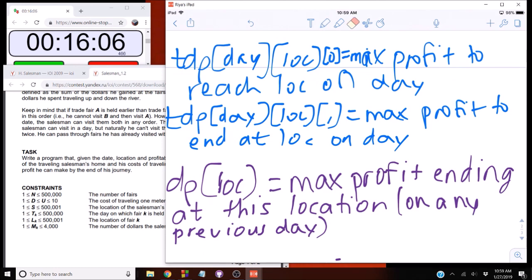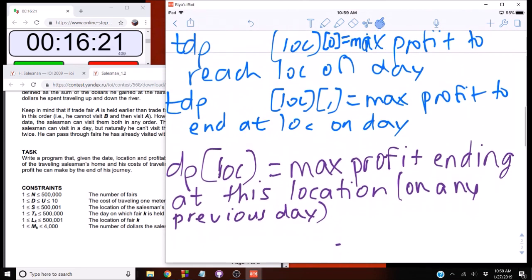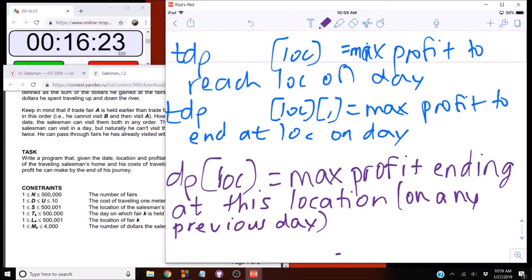Oh yeah, and we can erase day. It's just a temporary array that we delete afterwards, or we change afterwards. We don't care about it afterwards. Here, let's change the name to TDP0 and TDP1.